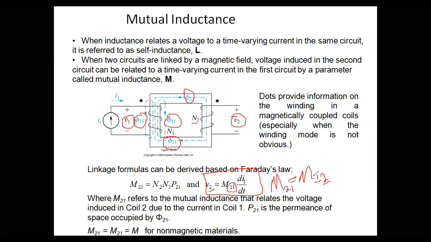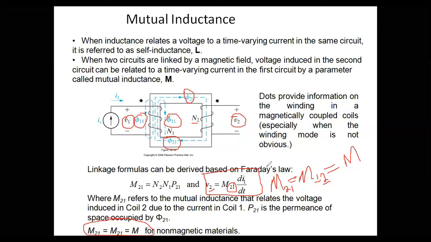This is a rule. M21 is always equal to M12, and you can choose to represent them with just one single M, since they are equal. For ferromagnetic material, this law is binding. So please pay attention to this.